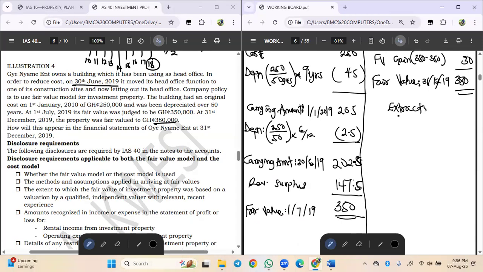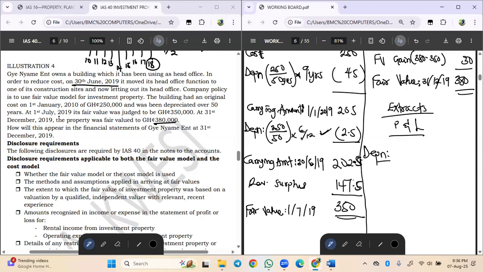The P&L extract. We start with the depreciation. As I said, you need the half component. If we added the 0.5 here, we got the whole figure. How will we determine the half from 1st January 2019 to 30th June 2019?